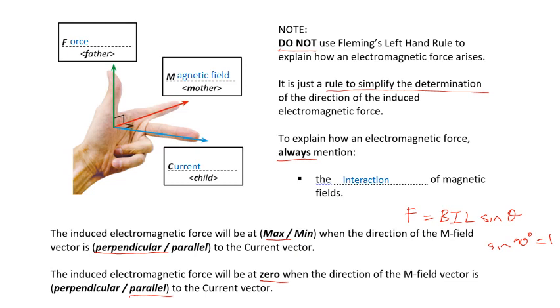If you think about it, if they are in the same direction, theta must equal 0, and if theta equals 0, then sine theta is also 0, and hence the force must be 0. I hope the math also helps you appreciate how these two statements work.